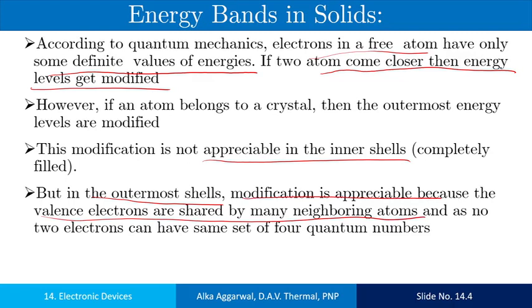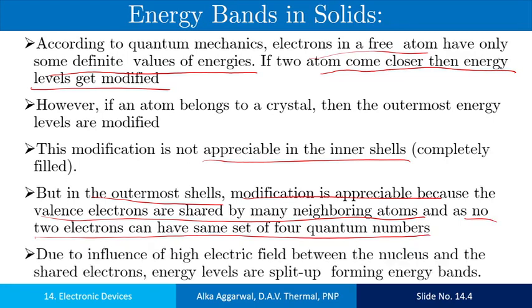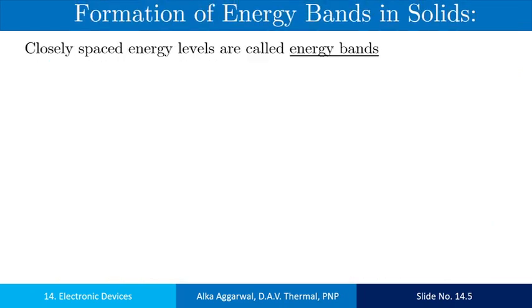And according to the Pauli exclusion principle, no two electrons can have the same set of 4 quantum numbers. Due to the influence of the high electric field between the nucleus and the shared electrons, energy levels are split up, forming the energy bands. The closely spaced energy levels are called energy bands.